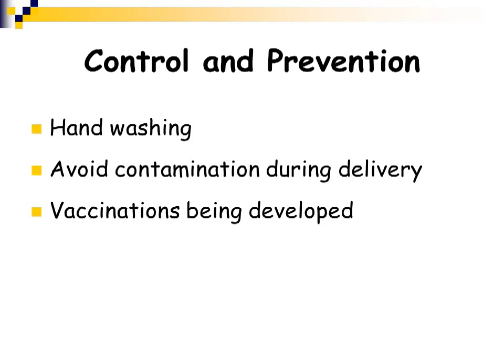Control and prevention, hand washing is of course the number one way to prevent transmission of infectious organisms. Also avoiding contamination of your Streptococcus agalactiae during delivery. So Streptococcus agalactiae is normal flora of the genitourinary tract of women, not all women, but a lot of women carry it.